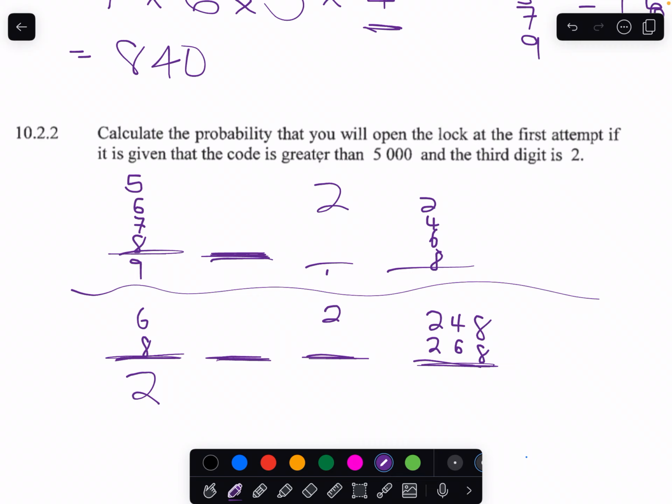Here, what would be in the bag? We can use any number from 2 to 9. However, 1 has already been used here, 1 is being used over here, and so that leaves us with 6 options over here. Here we only have 1 option, it's the number 2. And then here, there's 3 options.